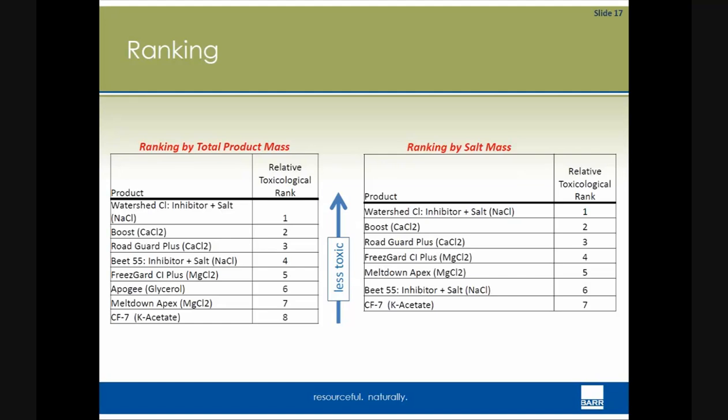The toxicological condition of that product was changed because it was essentially more dilute from a salt content basis, which made it seem more toxic, based upon the ranking there.